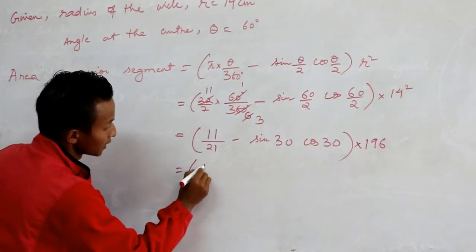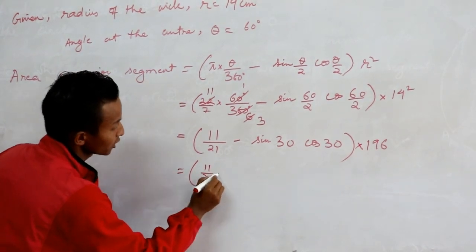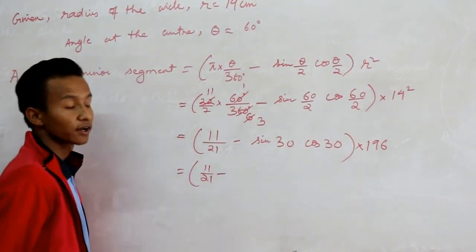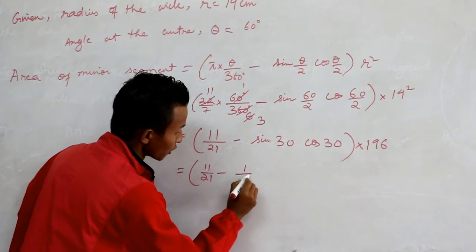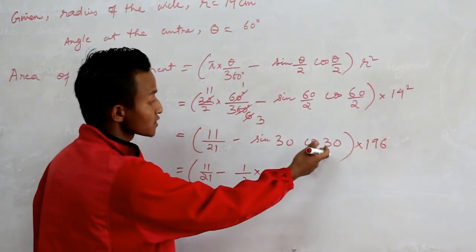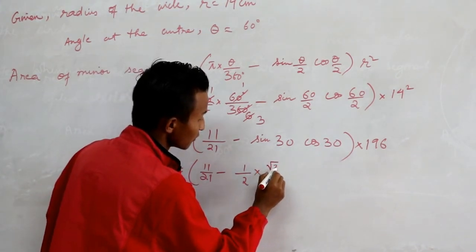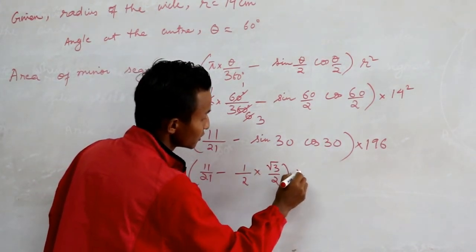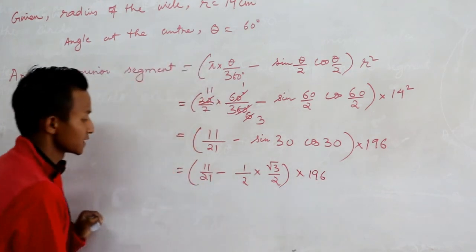So 11 by 21 minus, and the value of sine 30 is 1 by 2, and the value of cos 30 is root 3 by 2, into 196.